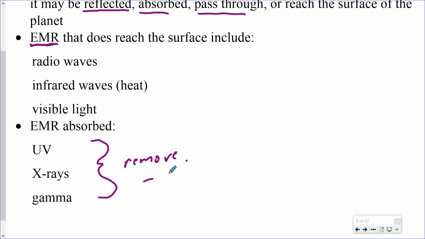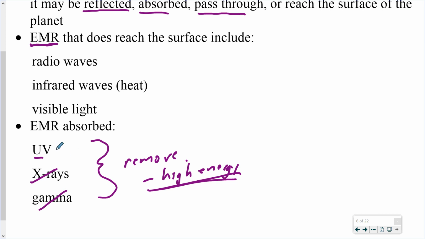These ones here are very high energy, as we already know, and when they're high energy, that also means they can be damaging. Gamma rays, very high energy, extremely damaging to biological organisms, as are X-rays, and even high energy ultraviolet radiation. So our atmosphere pretty much removes all of the X-rays and the gamma rays, so they don't reach the Earth.